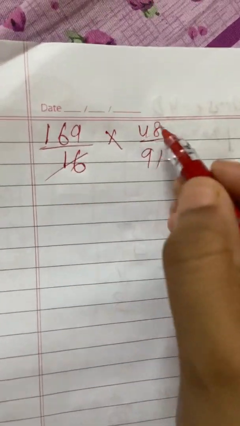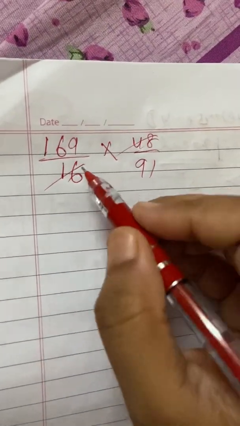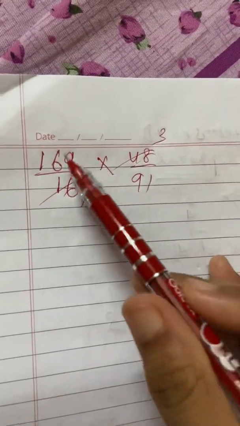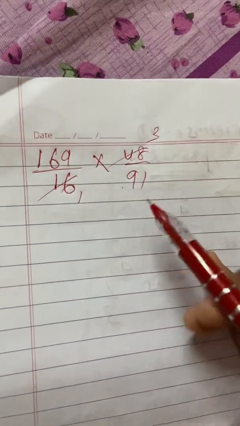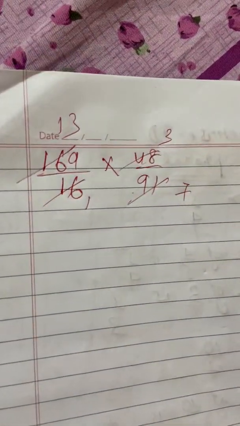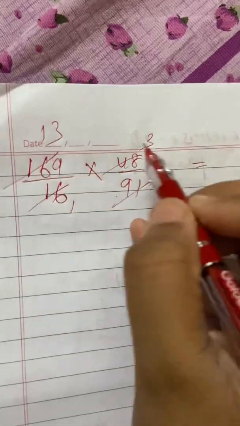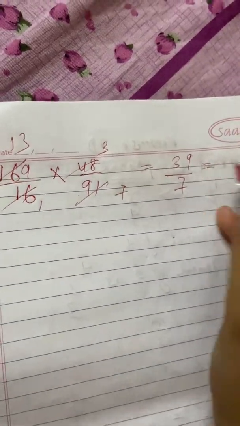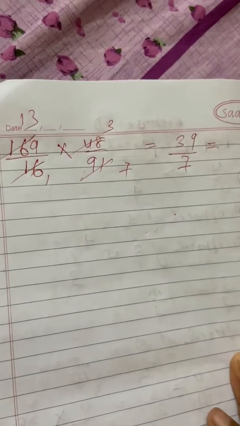Now I know 16 3s is 48. So 16 divided by 16, 1. This will be 3. Both the numbers are divisible by 13. 13 7s are 91 and 13 13s are 169. So I will write 13 into 3, 39 by 7. Now you can write this in mixed fraction. So this is how you will divide.